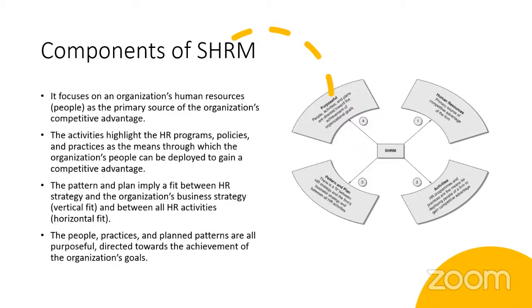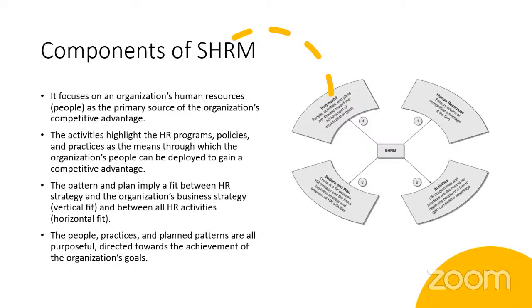The third one is the HR activities, the HR policies, the HR programs that people work on to deliver strategic advantages. And then the last one is the pattern and the plan, which talks of the HR plans, the HR strategies that we put on paper, put together to be able to deliver the results expected.